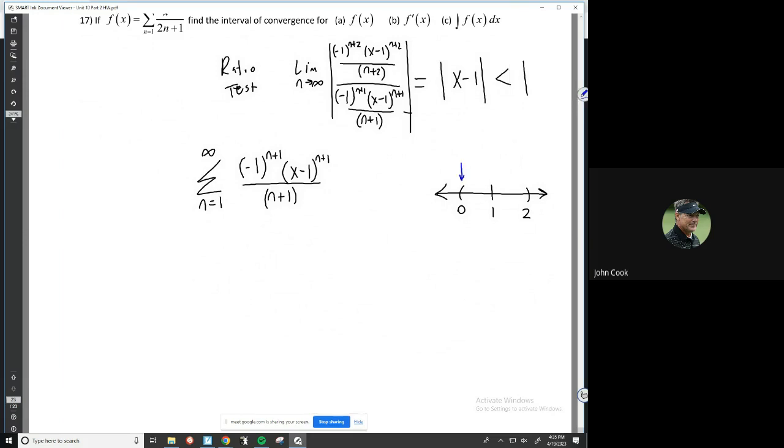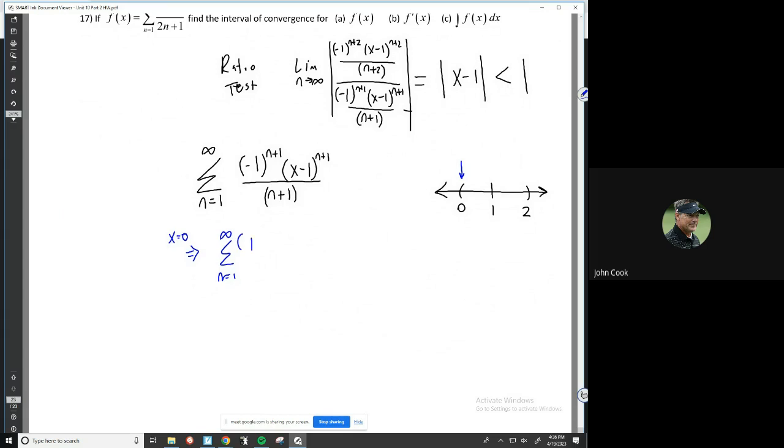If we plug in 0 for x, what happens to the series? Well, let's see here. So with x equals 0, we get the sum from n equals 1 to infinity of -1 to the power of n plus 1, and then 0 minus 1 to the n plus 1, all over n plus 1.